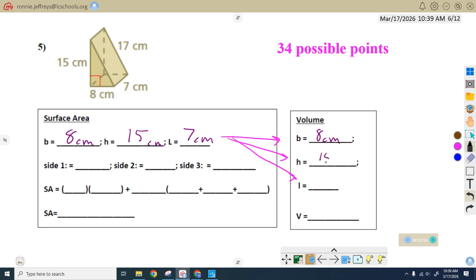Centimeters, 15 centimeters, 7 centimeters. Okay, so that right there, those 6 blanks, that's 12 points right there. It goes pretty fast. So side 1, 8 centimeters. Side 2, 15 centimeters. Side 3 would be 17 centimeters.